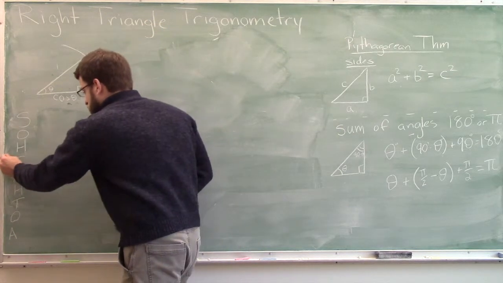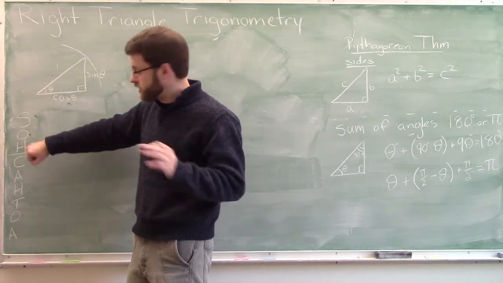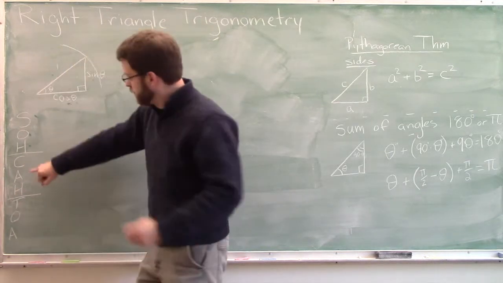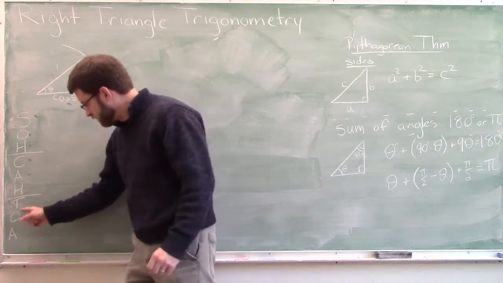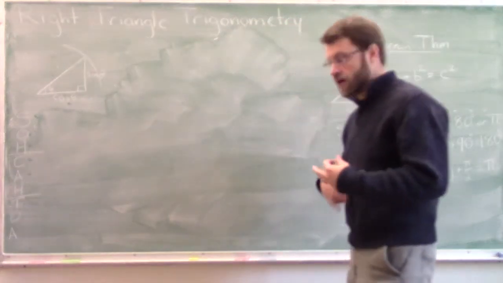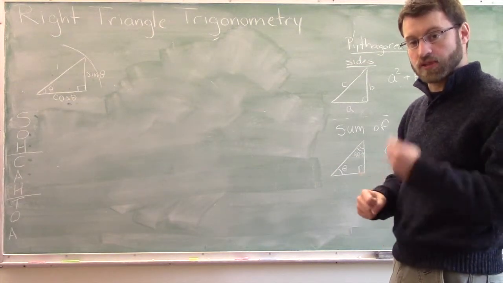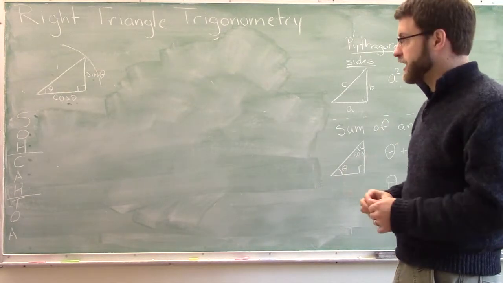SOHCAHTOA tells us that the sine is equal to the opposite side divided by the hypotenuse. Ka, the next syllable there, tells us that cosine is the adjacent divided by the hypotenuse. And then finally, toa is tangent is the opposite over the adjacent. So that gives us a very compressed way of remembering the connections between sine, cosine, and tangent and the ratios of the sides that they connect.